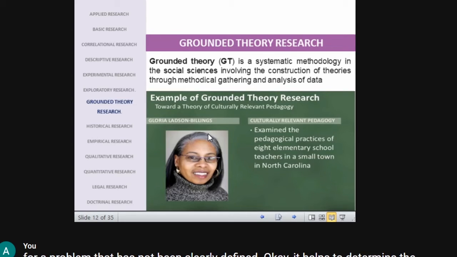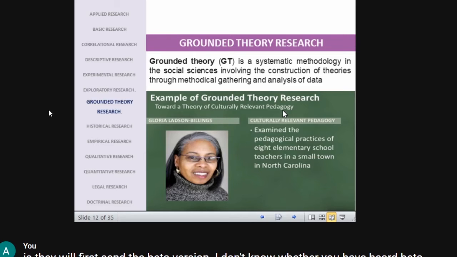See this example. Gloria examined the pedagogical practice of 8 elementary school teachers in a small town in North Carolina. Okay, so after examining the pedagogical practice, she found certain findings, and the findings may be used to develop a theory of culturally relevant pedagogy based on the 8 schools in the town.